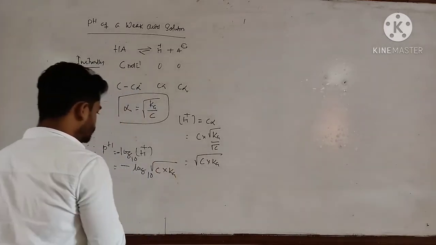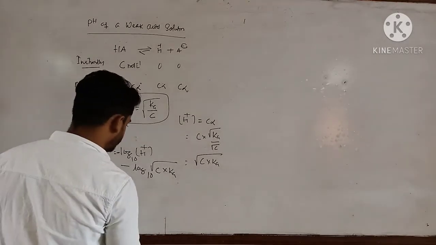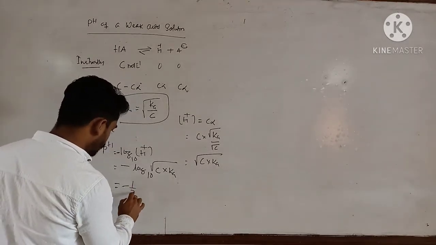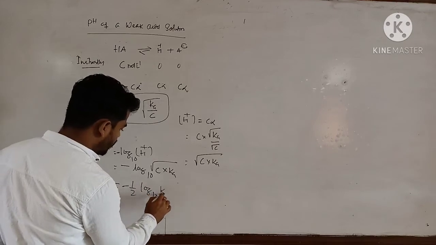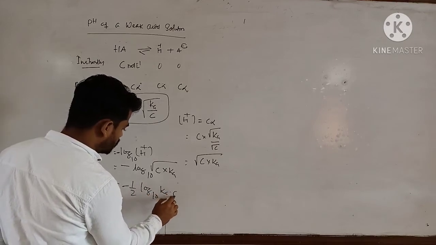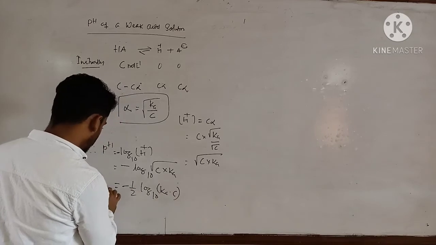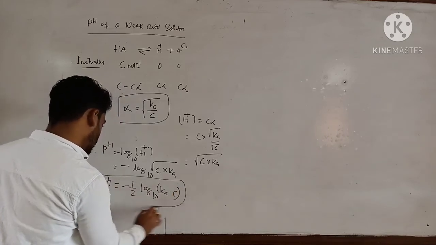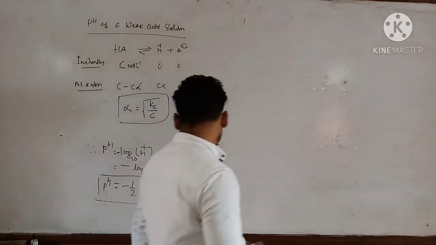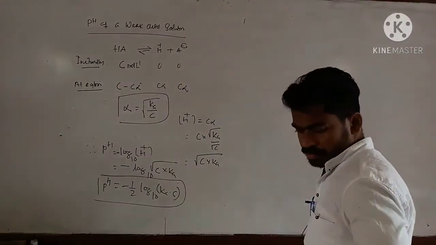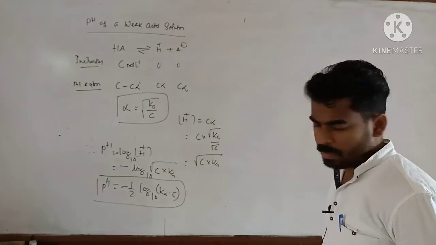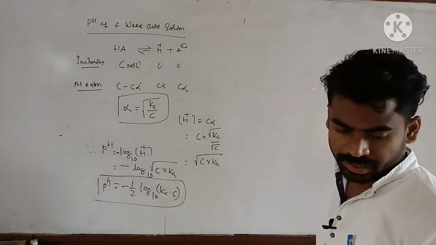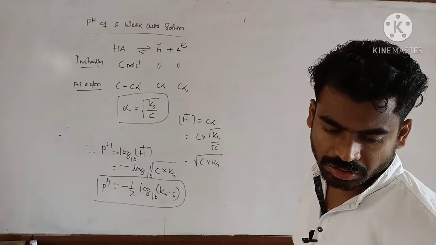So that will be minus 1 by 2 log 10 of Ka into C. So this is the formula to calculate the value of pH for a weak acid: pH is equal to minus 1 by 2 log 10 of Ka into C.